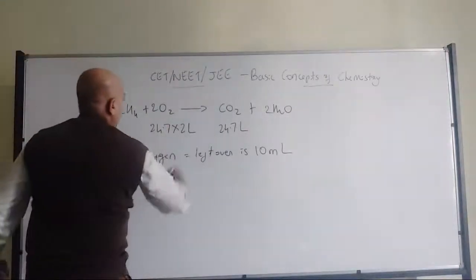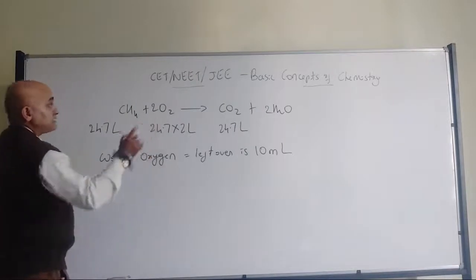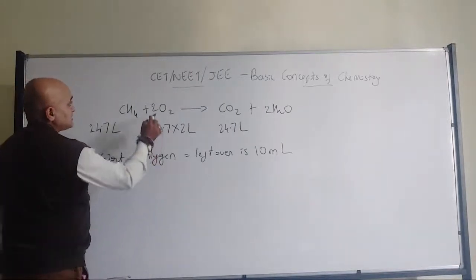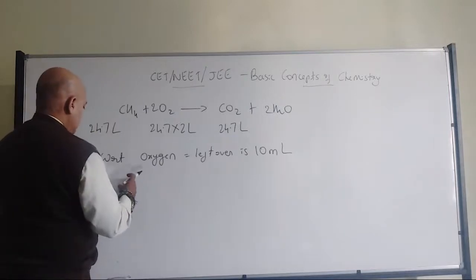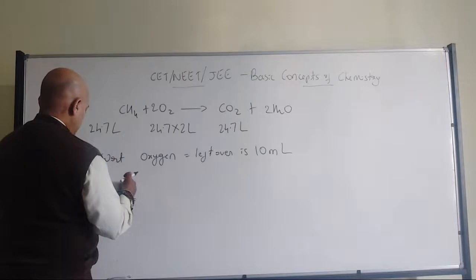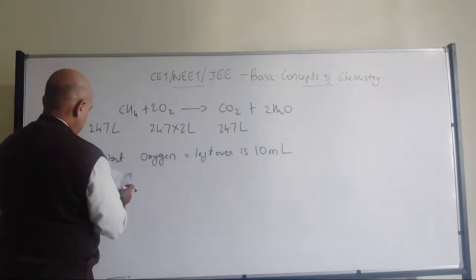Now we will calculate how much carbon dioxide will be formed. Since the limiting reagent is methane, using 20 ml of methane, oxygen is in excess.